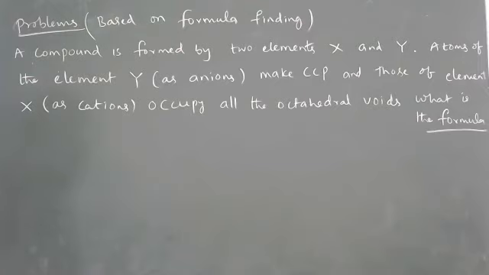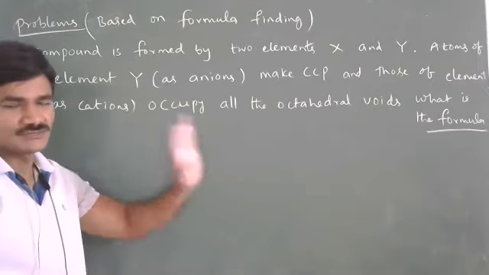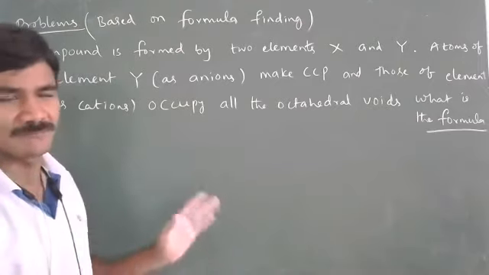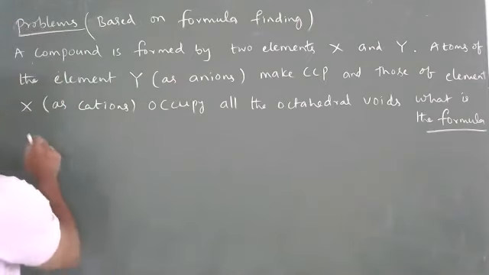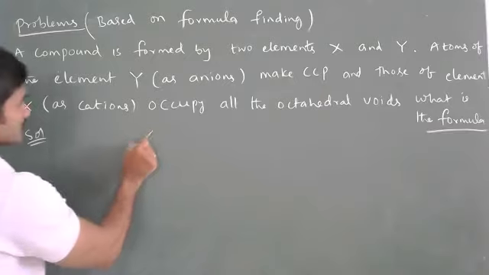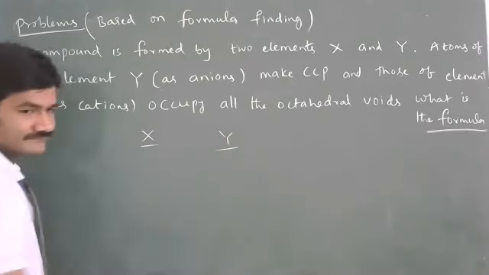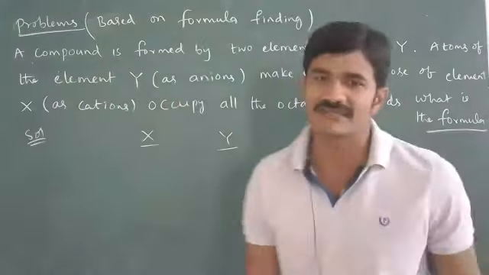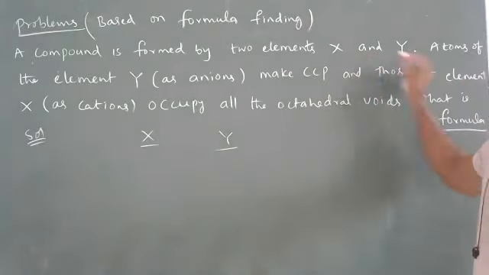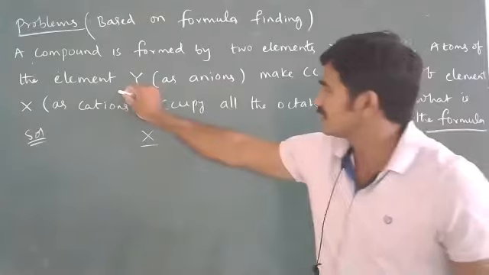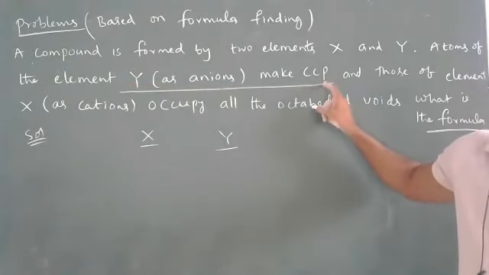Yes. So this is actually an NCERT problem. There is not much difficulty in this. I'll just explain one problem. You just remember how to find out the formula. Thereafter you can do it. First write down X and Y. Okay, all of you listen carefully. The compound is formed by two elements, X and Y. Atoms of Y make CCP.